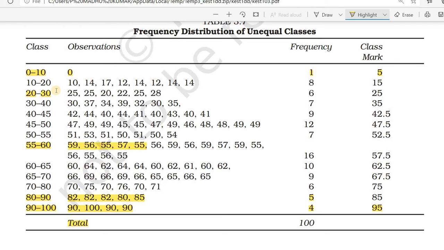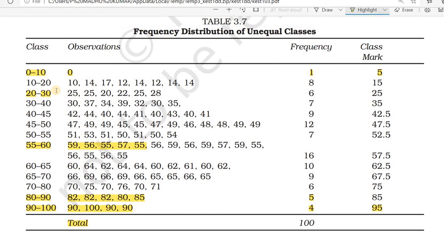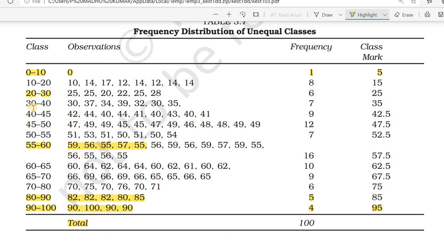The difference between the upper limit and the lower limit is called the class interval or class width. For the class 40 to 45 the class width is 5, and for 30 to 40 the class width is 10.